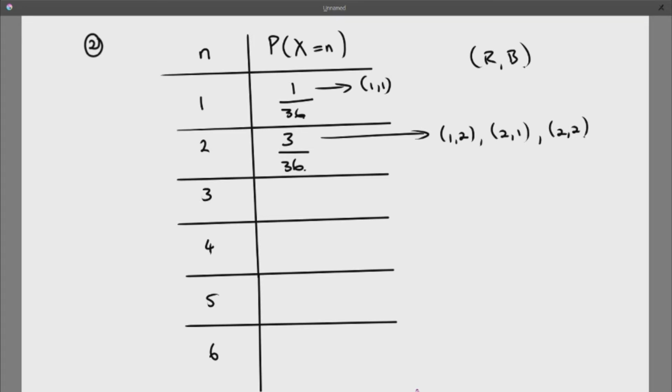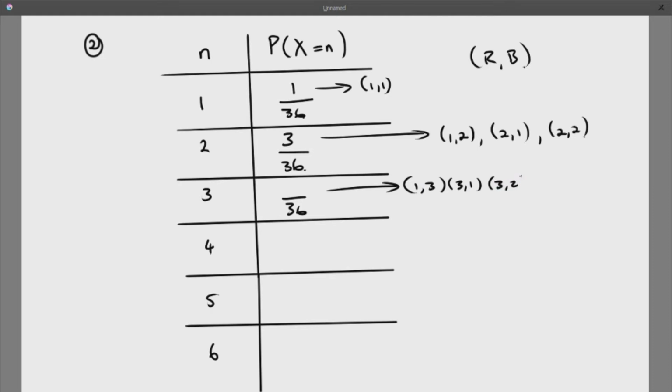So if I'm now looking at the third column, n equal to 3, that means I'm looking at the outcome of the largest number among the rolls being 3 out of a possible 36 pairs. How can I get 3 as as the largest number? I just list all the pairs. 1, 3 and 3, 1.